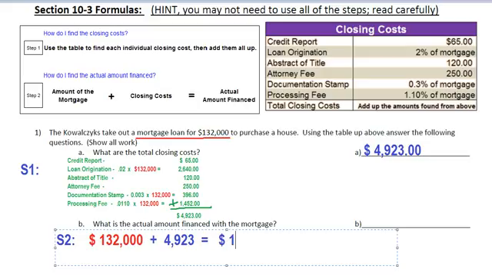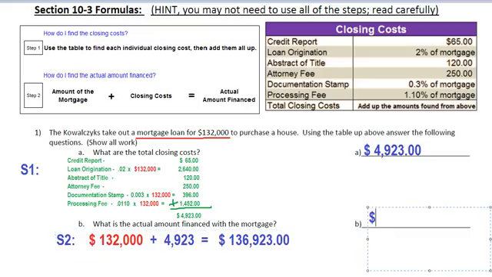We get $136,923. So, the Kowalczyks, when they go to buy this house, they're going to take out a big loan for $136,923.